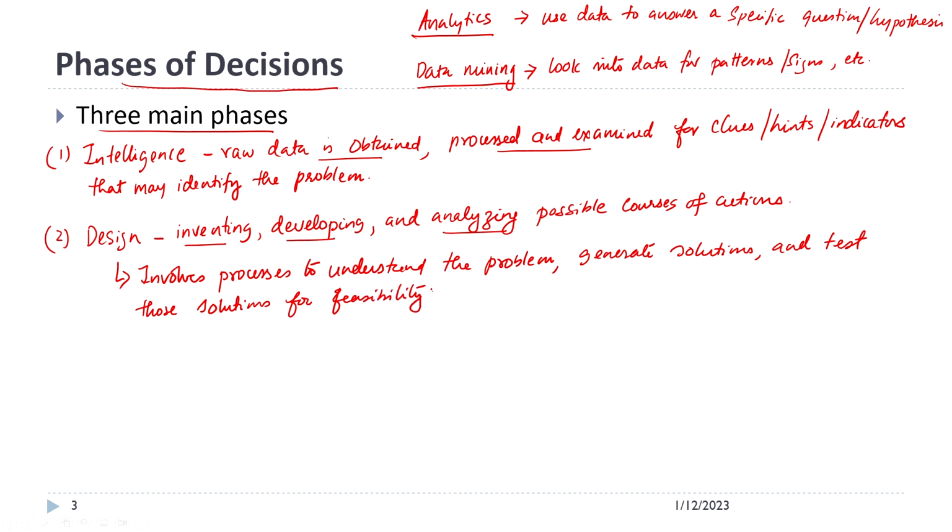So, that is the first part. It involves various processes that help you to understand the problem, generate the solutions and test the solutions for feasibility. The second part is choice.